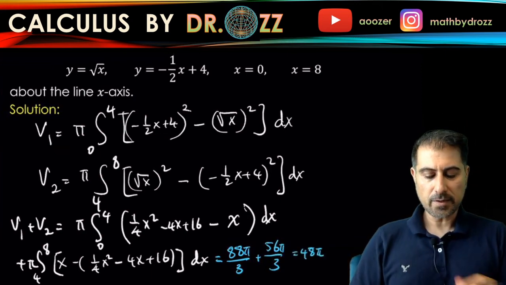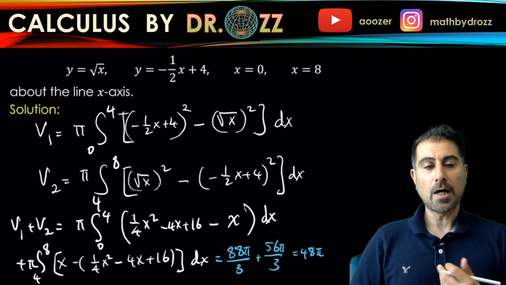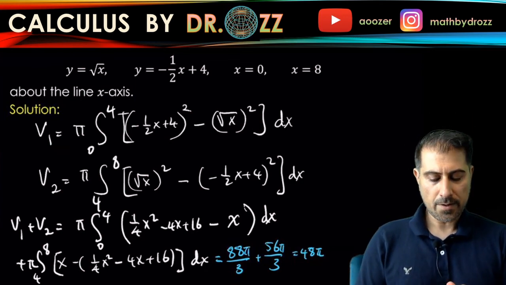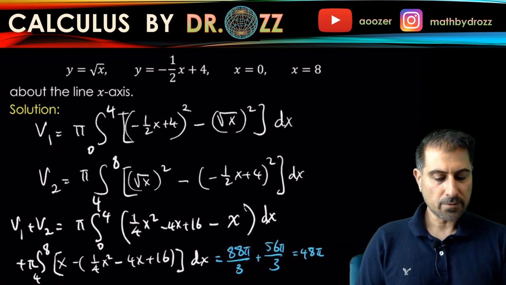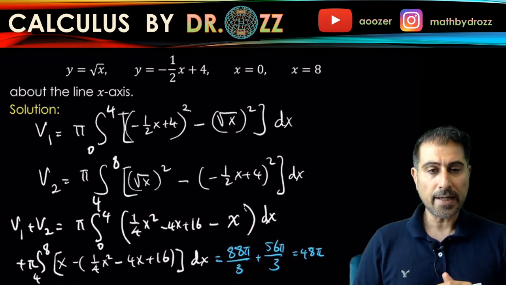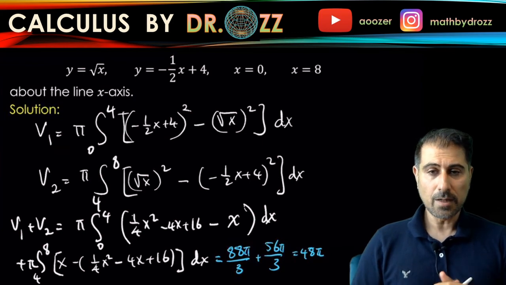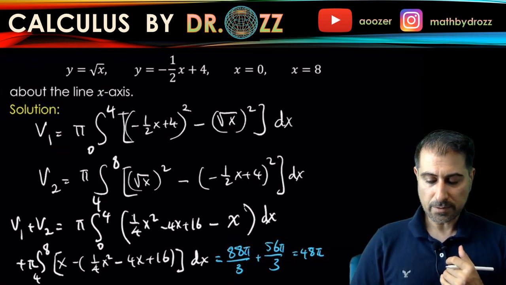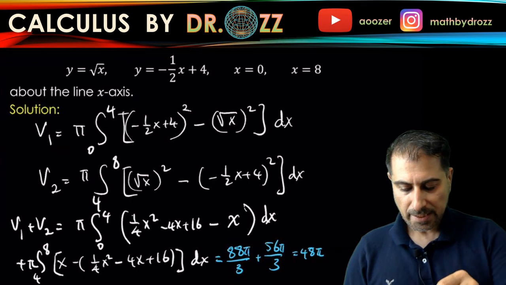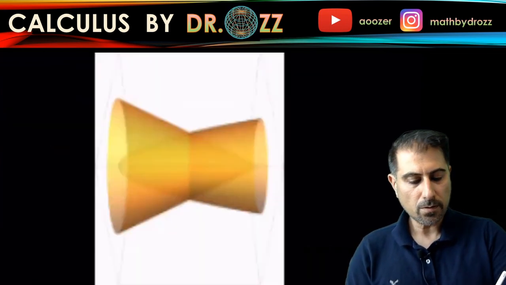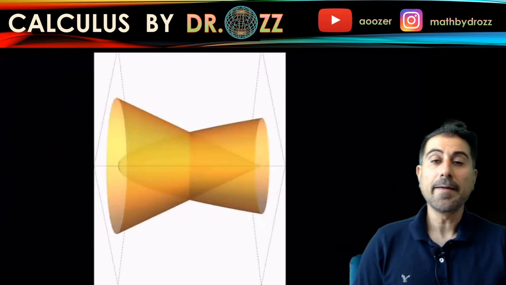Again, this part is just integration using the power rule and the fundamental theorem of calculus. That's going to be tedious on my end, and that's going to make the video too long. Please do those calculations by yourself. Okay, and this tells me that this shape has the volume 48 pi.